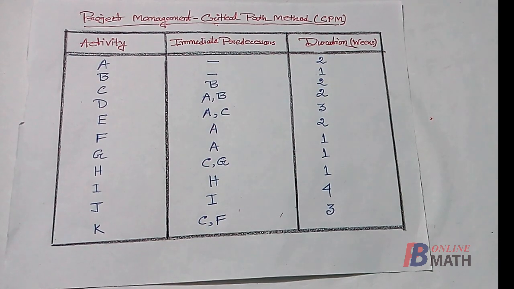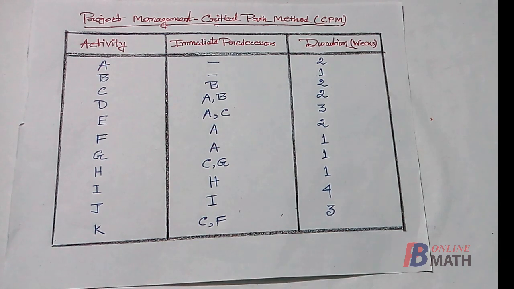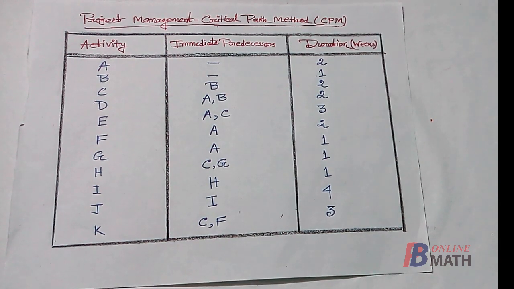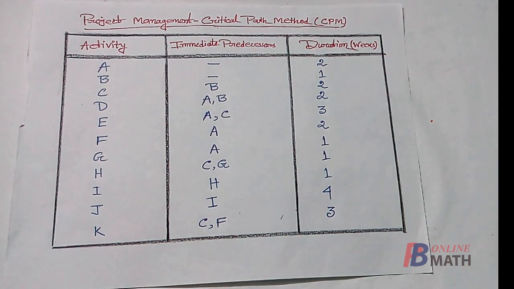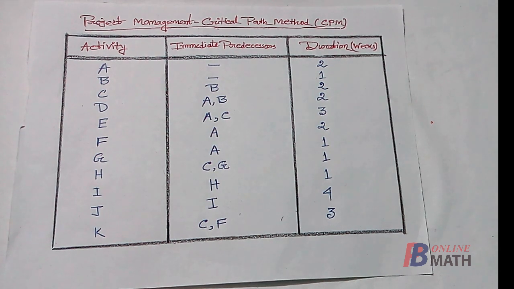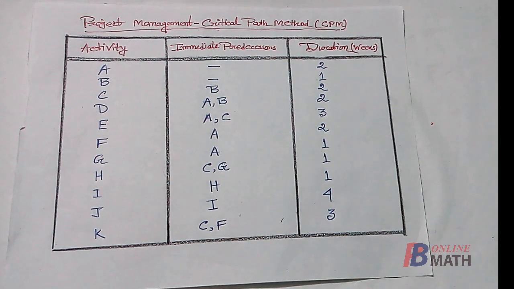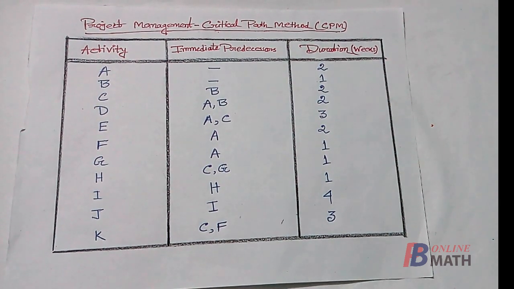That means if we delay any of these activities, then the total time required to complete the project will not be minimum. But there will be some activities where some delays will not hamper the completion time of the project. The first task is to express this project in terms of a network, which will be called the project network.